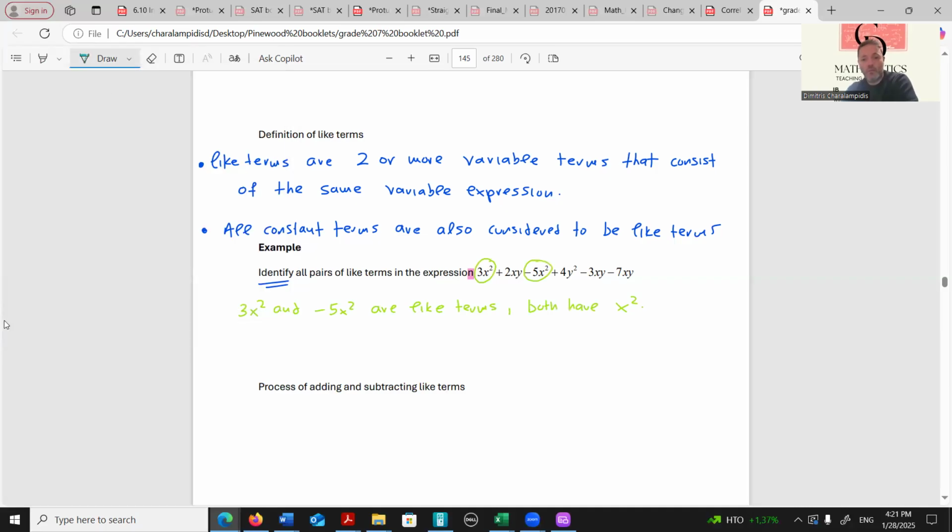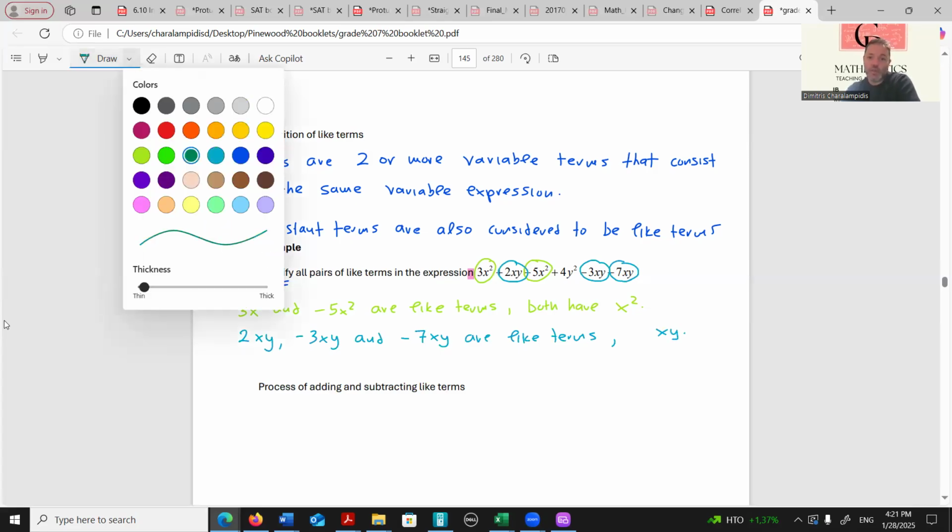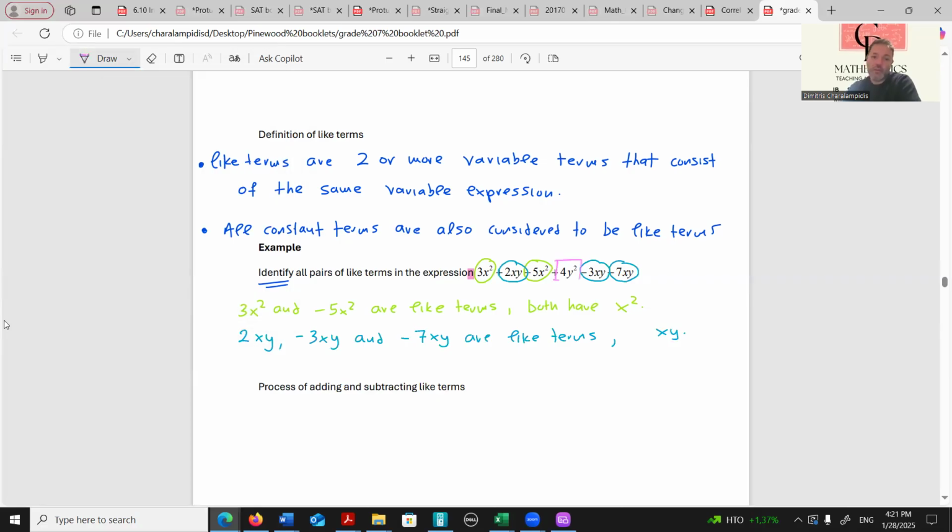Next, we have the 2xy, which is a like term with minus 3xy and with minus 7xy as well. 2xy, minus 3xy and minus 7xy are like terms because they all have the xy part. And lastly, we have the 4y squared, which in this case has no pair. It's a different term from the previous ones.